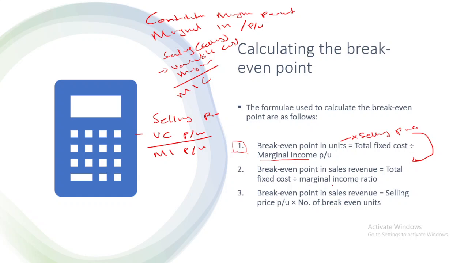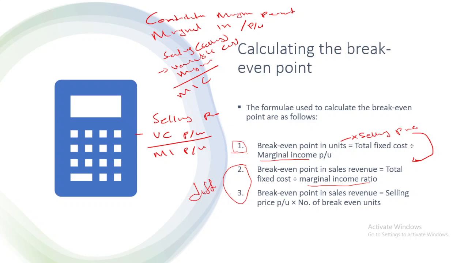Or you can calculate the marginal income ratio, which is your marginal income divided by total sales. This will give you 0.6 or 0.5. Then you divide the fixed cost by 0.6, and that gives you your break-even point in revenue.